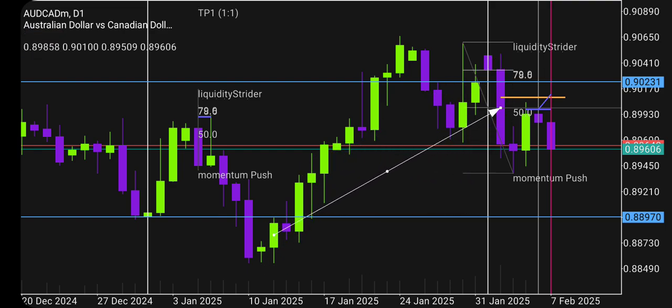Let me explain the premium and discount levels. The market should retrace, or should remain in the discount areas of this Monday candle. The discount areas meaning that there are two halves.